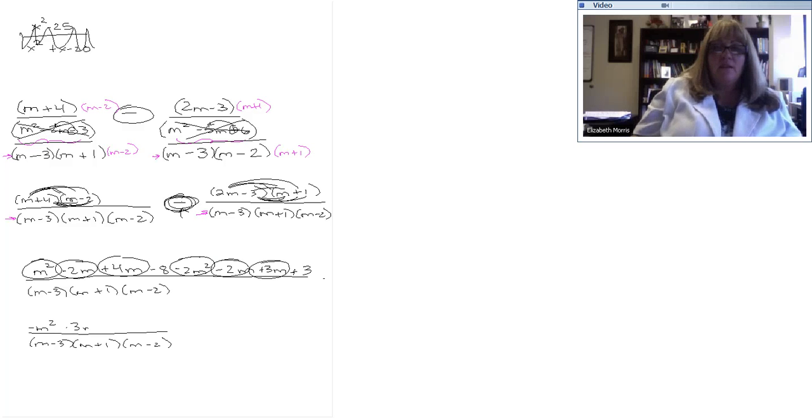And negative 8 plus 3 is negative 5. Now, the only other thing we could do is decide if there's anything here, does that factor? Well, are there multiples of 5 that subtract to give you 3? No. So it doesn't factor. So this is your answer.